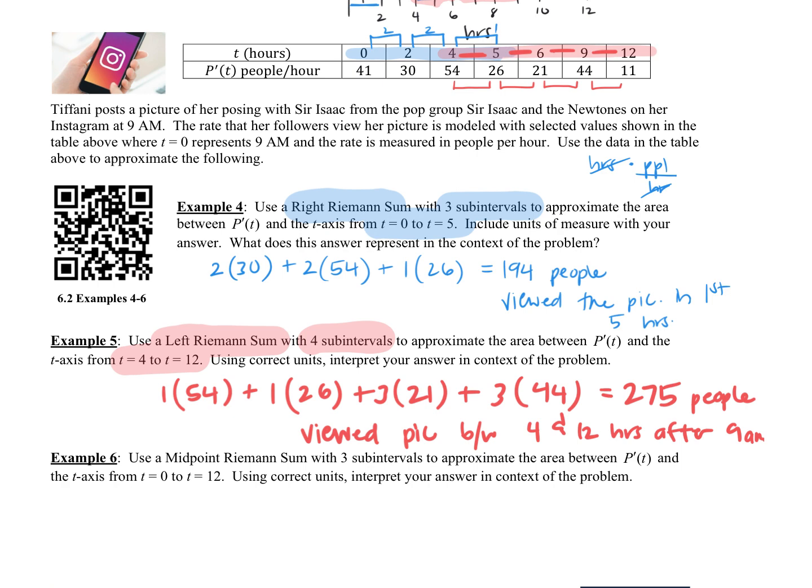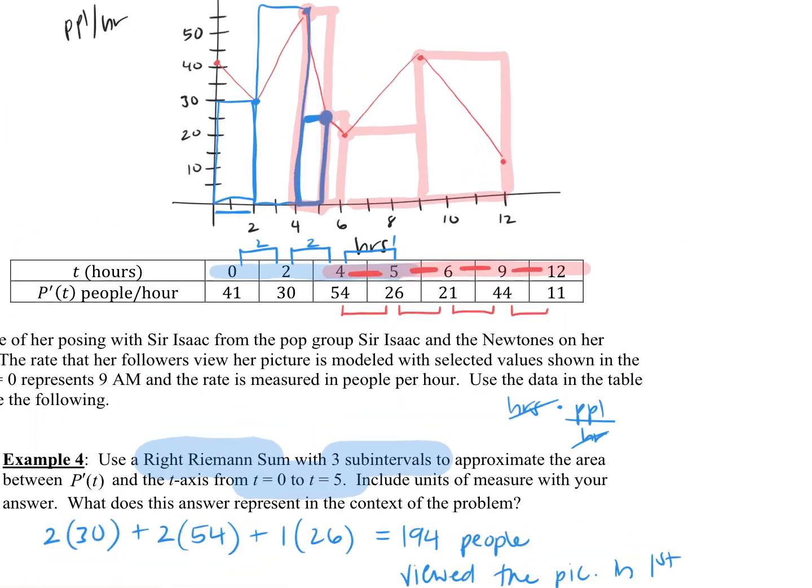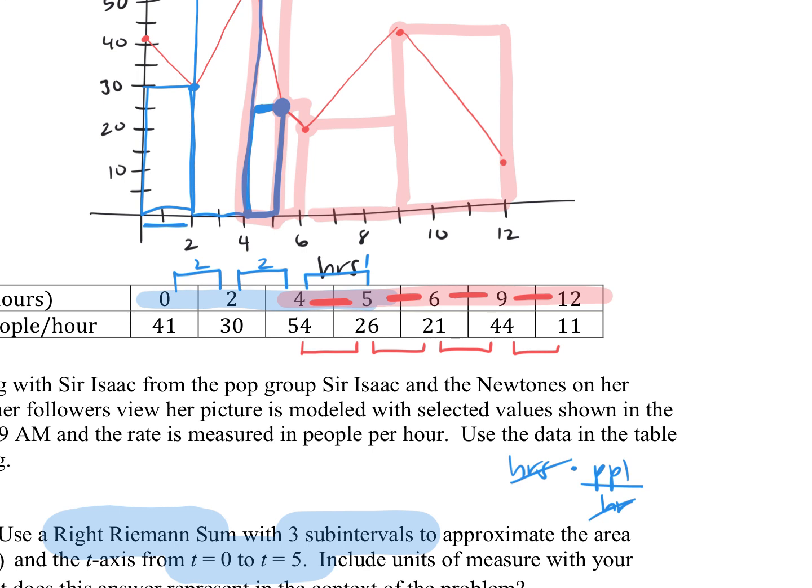Last one is midpoint. Okay, last here is we got the midpoint. For the same example, we're doing the midpoint Riemann sum with 3 subintervals between 0 and 12. Okay, so if I go back up here to my table, I'm looking at this entire thing from 0 to 12, and I want 3 subintervals.